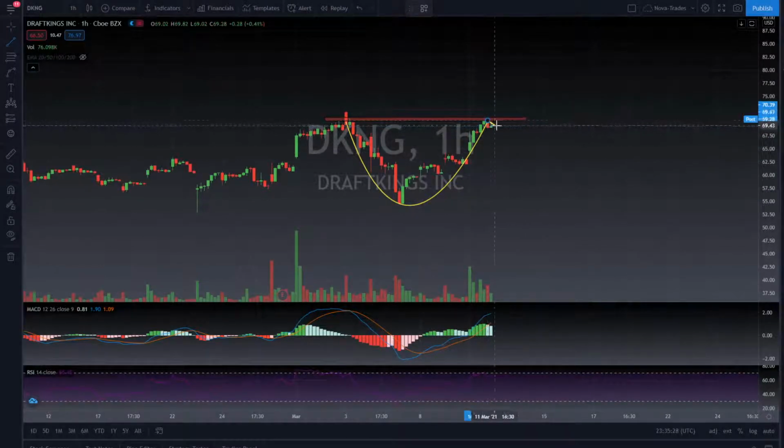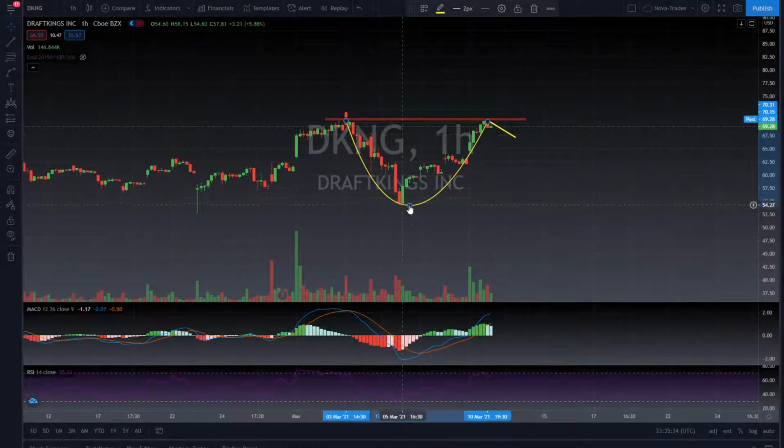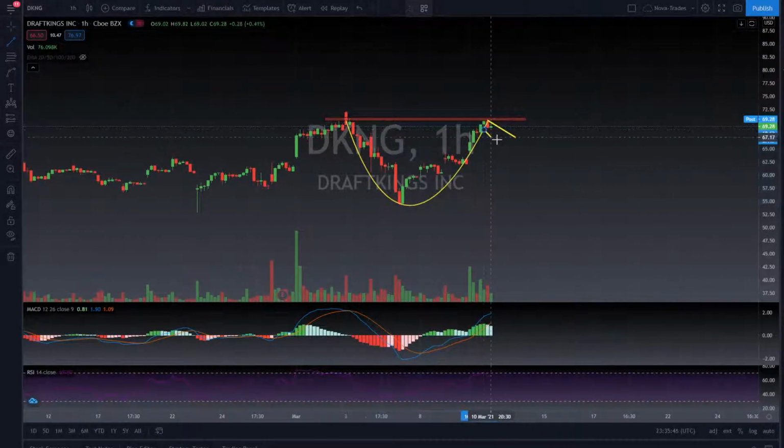So typically with cups, the cup pattern is where it will have a resistance, sell off, it will come base itself and then push back up into that resistance and reject again. Then you'll typically see a retracement, and then it will start picking momentum back up and going to push into that resistance again, and then eventually it will break over that resistance and have a pretty strong bull run. So, something to keep in mind.